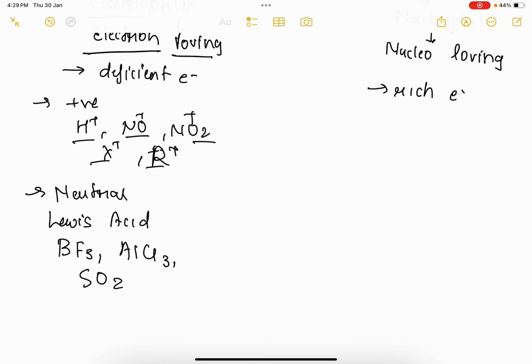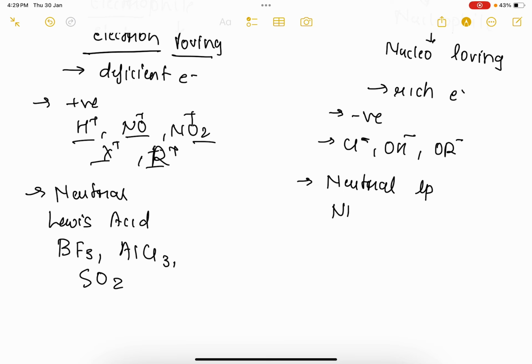But when we talk about nucleophiles, nucleophile means molecules or ions which are electron rich and nucleus loving. We have three or four kinds of nucleophiles. The first kind is negative charge or anions, such as Cl minus, OH minus, OR minus, etc. The second type of nucleophile is a neutral molecule with a lone pair.